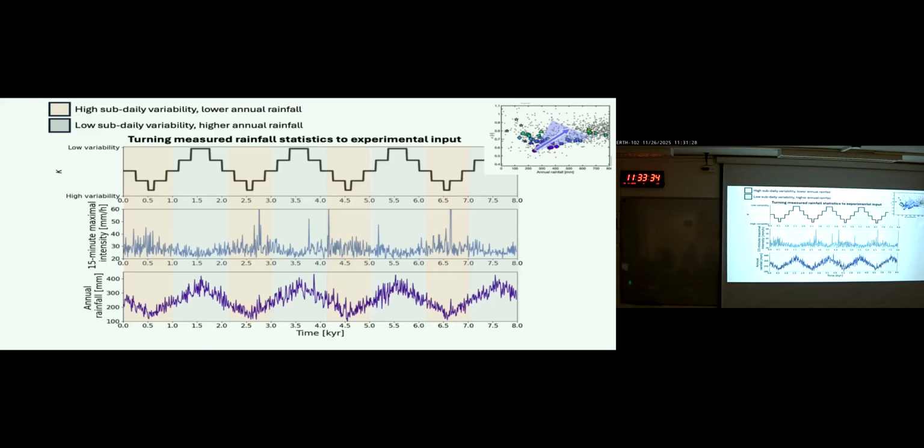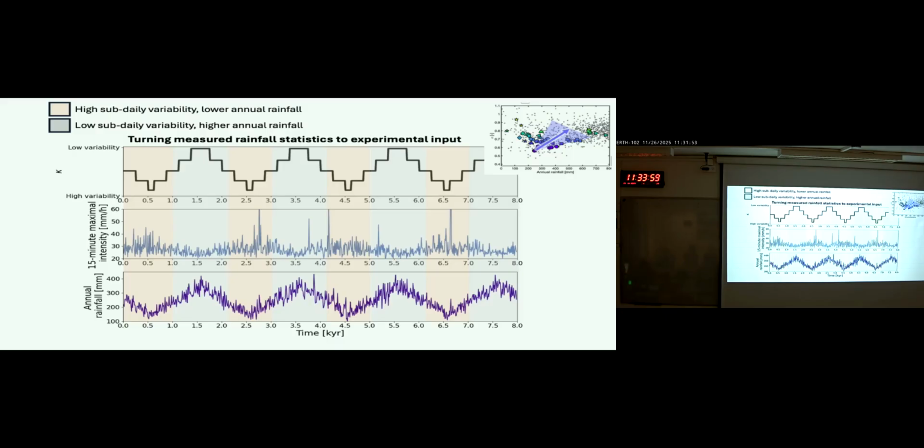So there is an increase of variability with lower kappa, but also the annual rainfall is decreasing. While under the low variability phase, higher kappa, the maximal intensities are lower, but the annual rainfall of the region is generally greater.